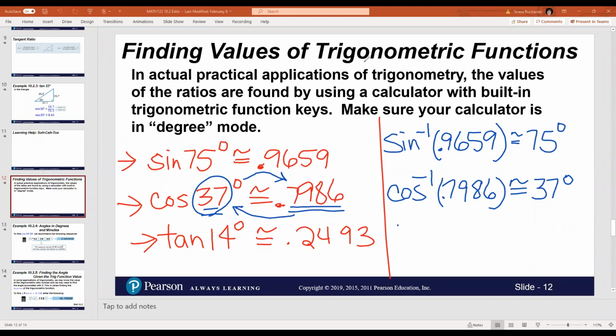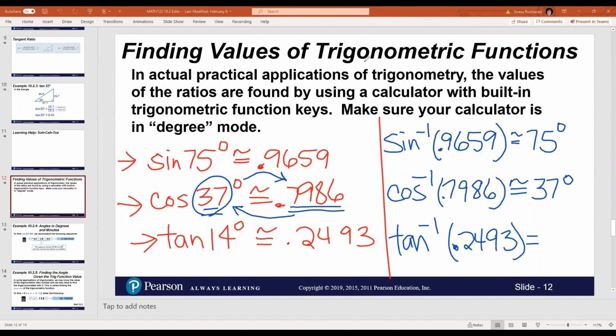If I go in and use my inverse tangent, so I hit second tangent, and I put in the given ratio, 2493. And, oh, I got a syntax error. Didn't put it in. 2493.